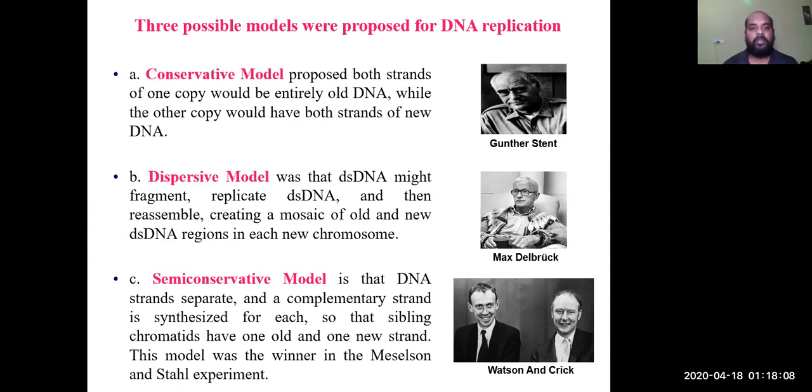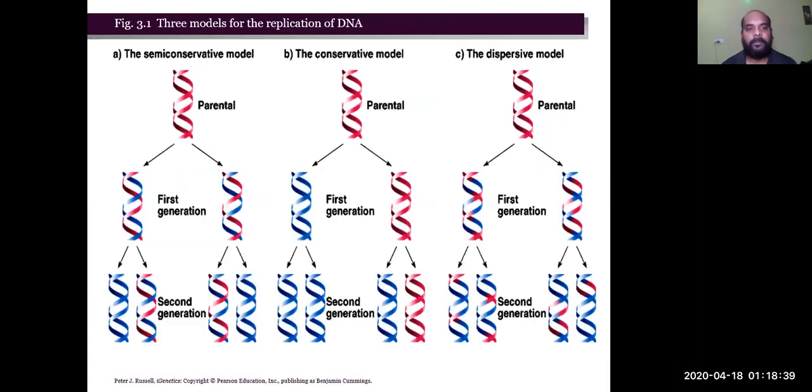Although the dispersive model was not much accepted because of the non-feasibility of the reaction, the third model given by Watson and Crick says that complementary strands would be synthesized and each DNA would have two elements, one from the old DNA and one new strand. Later on, Meselson and Stahl proved that the semi-conservative mode was the prominent mode of DNA replication.